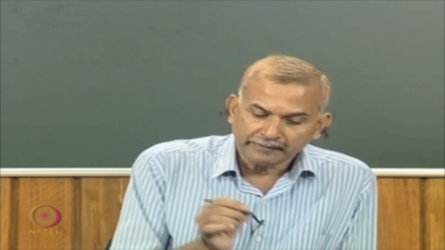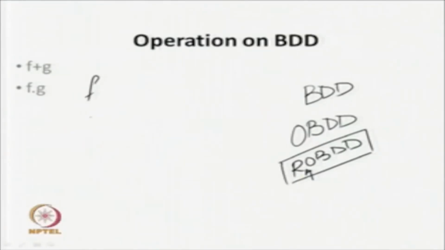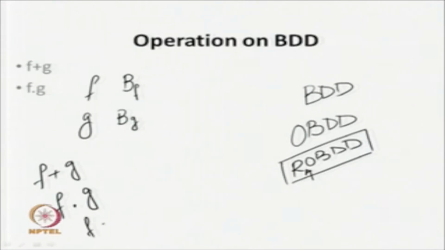Now, when I have two functions f and g, the BDD representation of f will be bf and the BDD representation of g will be bg. We can perform the operation f plus g, or f dot g, or f exclusive or g, like that. When we talked about BDD, binary decision diagram, at that time we saw that we can perform those operations on BDD also.